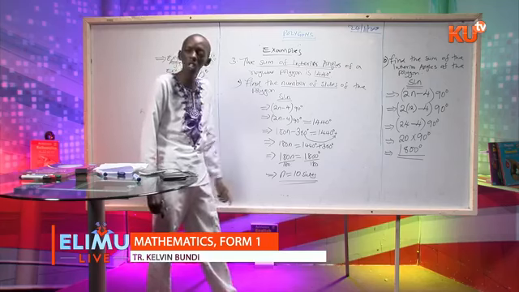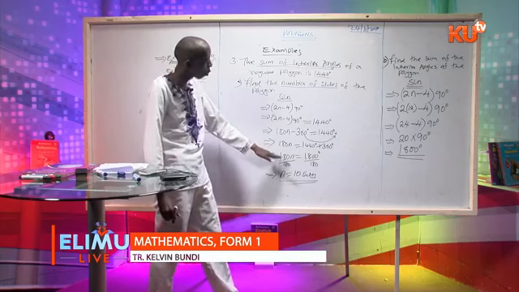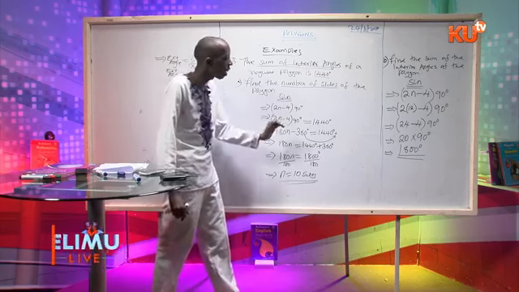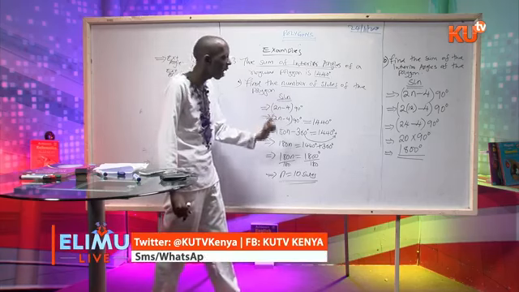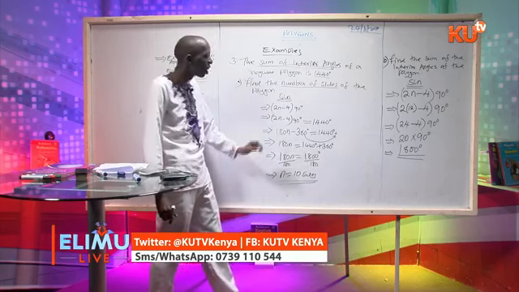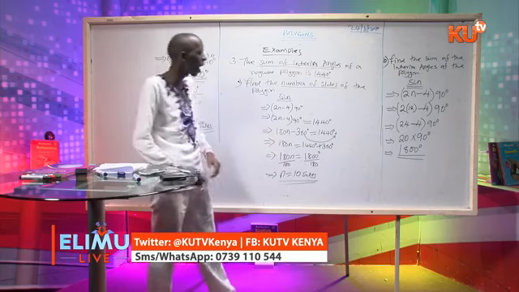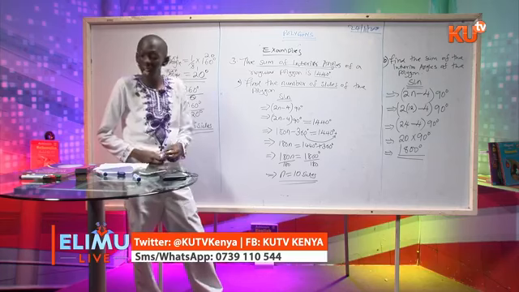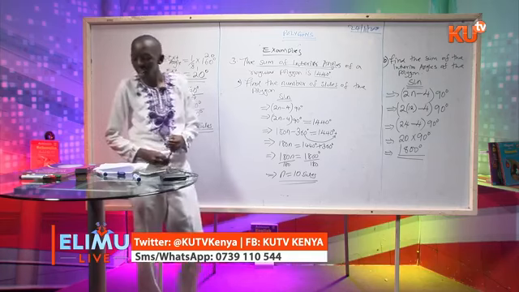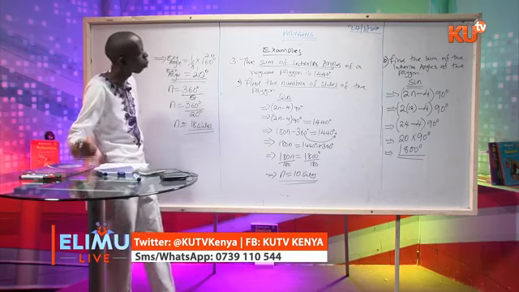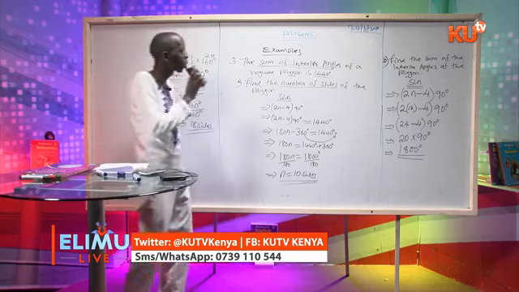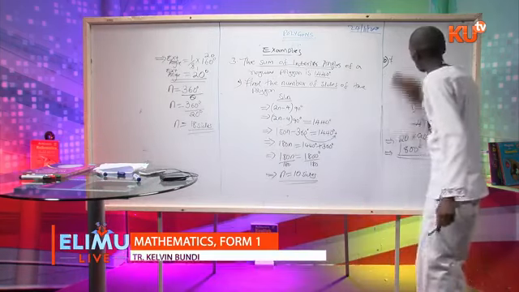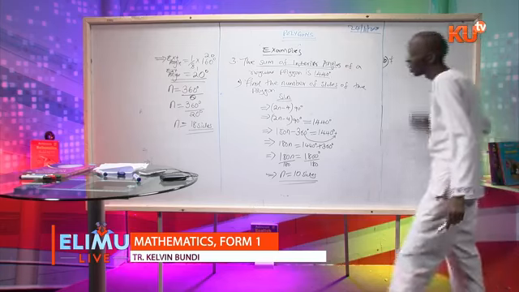Take 360 to the other side, you'll get 180n is equal to 1440 degrees plus 360 degrees. And therefore, when you divide both sides by 180, you'll get n is equal to 10 sides. That is question A. Question B of the same.